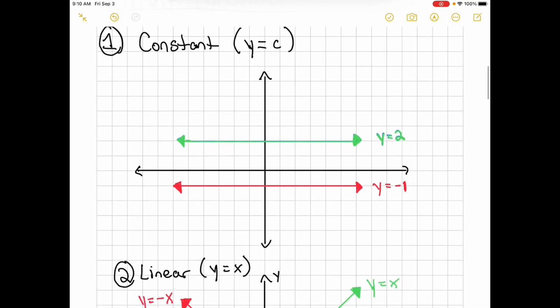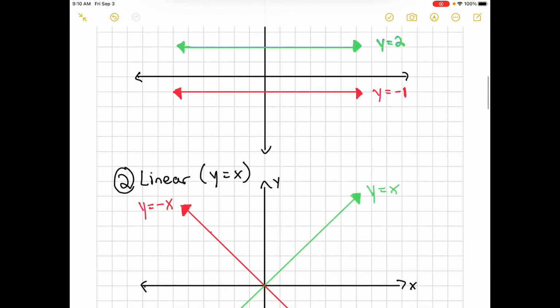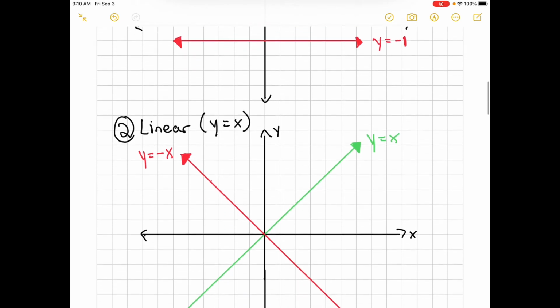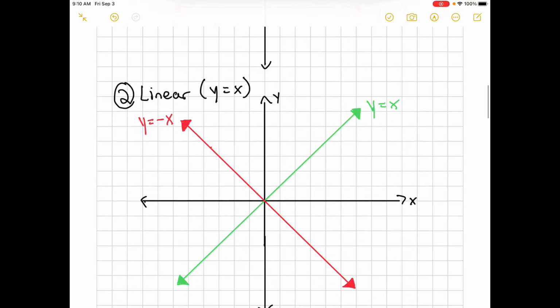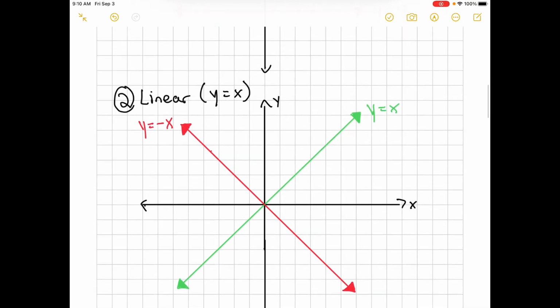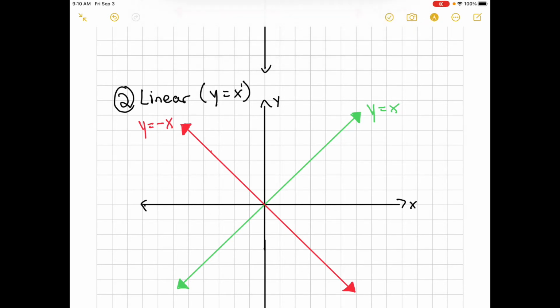And the second one is your linear functions. The parent function y equals x, I put in the green line. And then y equals -x is the red line. So y equals x is going right through the origin. And it's linear because the highest exponent for x that we have is 1.